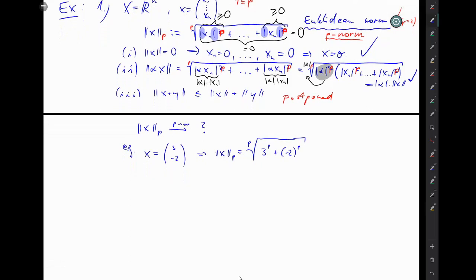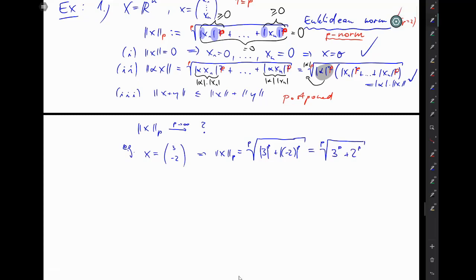well, first of all, give it a little thought. And of course you have to put modulus signs here and here. So let me simplify again. So this is the pth root of 3 to the power p plus 2 to the power p.